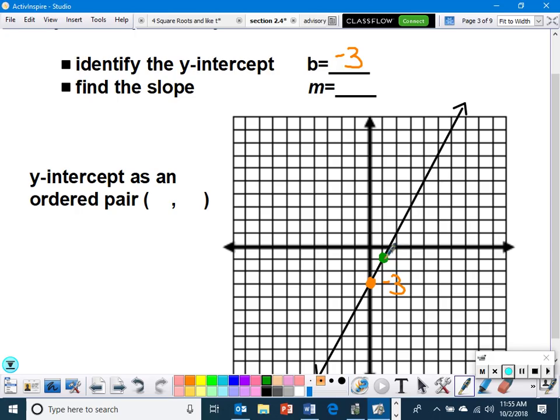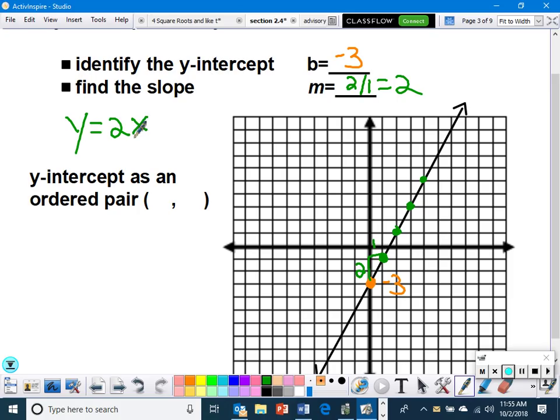So it looks like it's crossing here, here, here, and so on. So it looks like the slope is up 2 over 1, or just plain old 2. So our slope-intercept form would be y equals 2x minus 3. And again, our y-intercept as an ordered pair would be 0, negative 3.